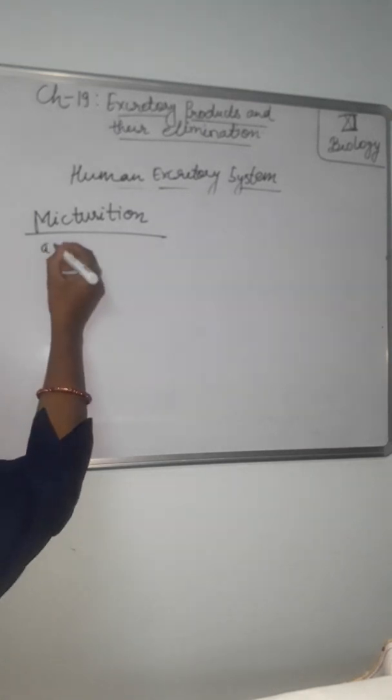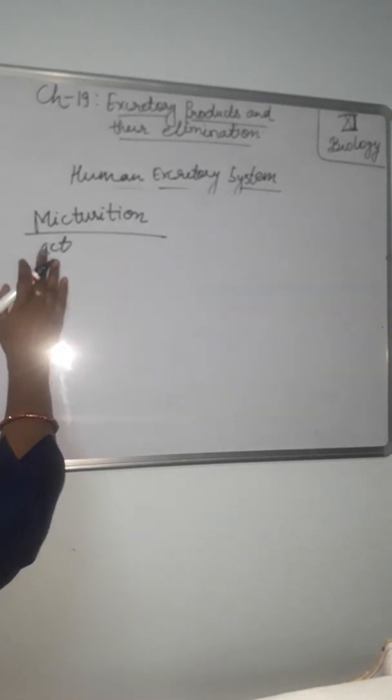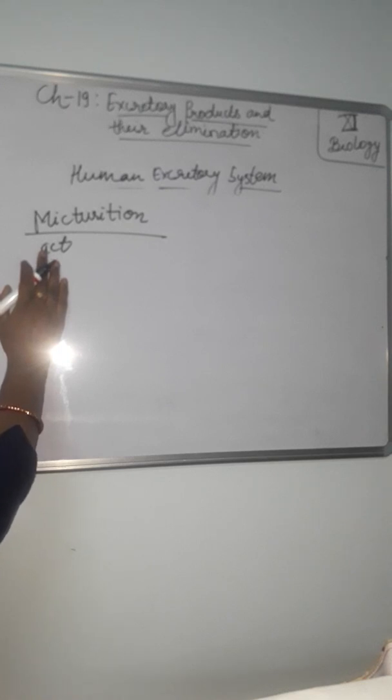Okay, it is a type of act of voiding urine according to the will of the person in suitable time and space. Means अगर आप you want to urinate, अगर आपको washroom जाना है, तो micturition, it is a type of act of voiding urine according to the will of the person in suitable time and space.